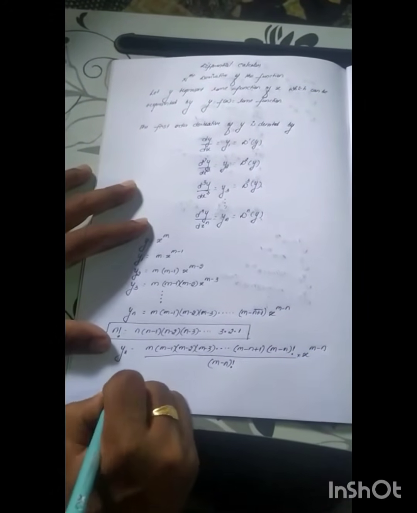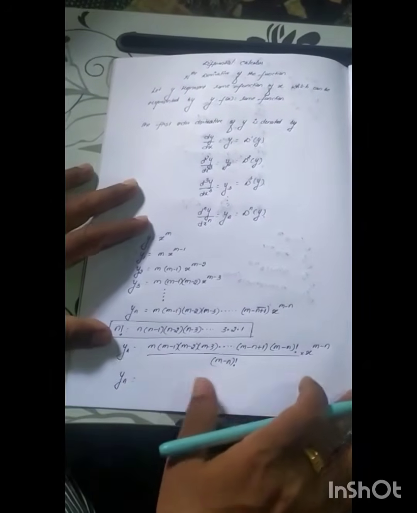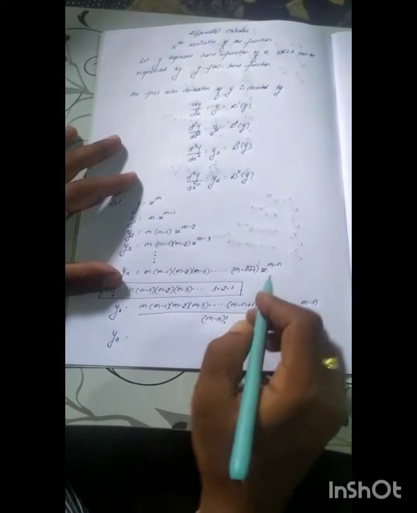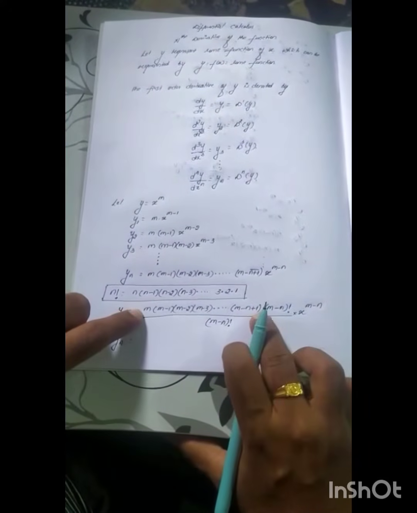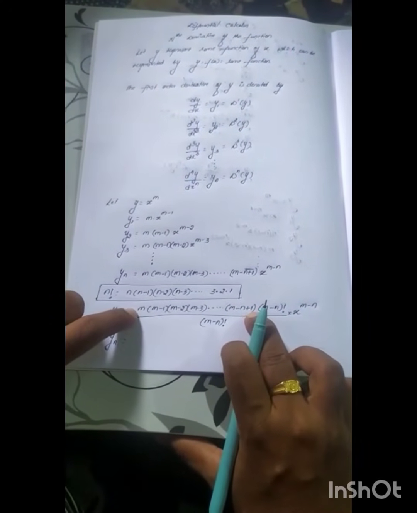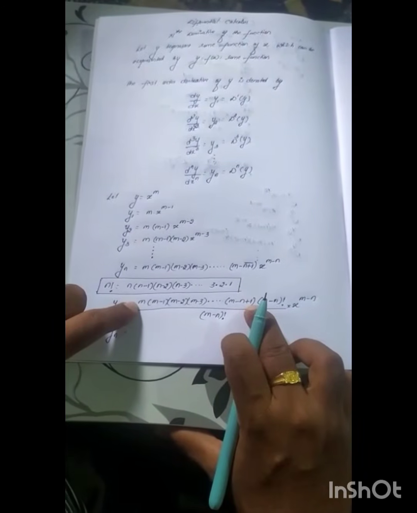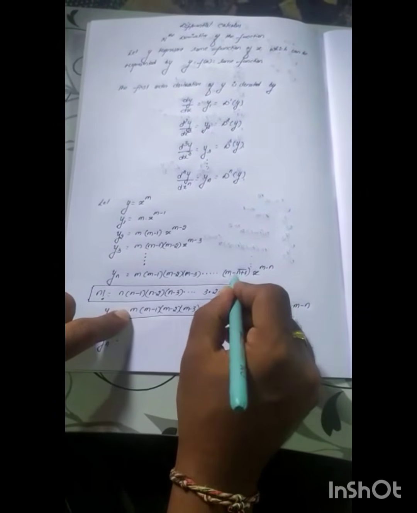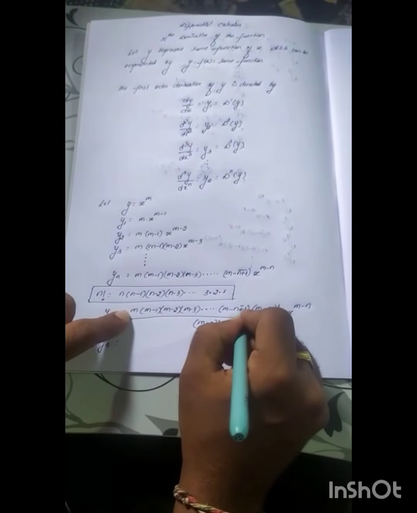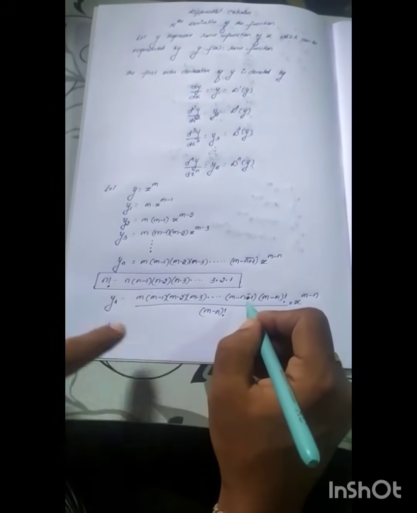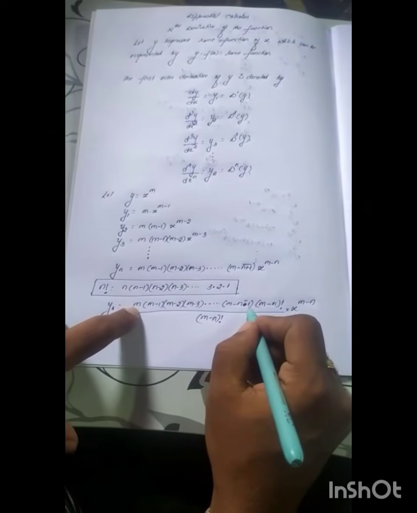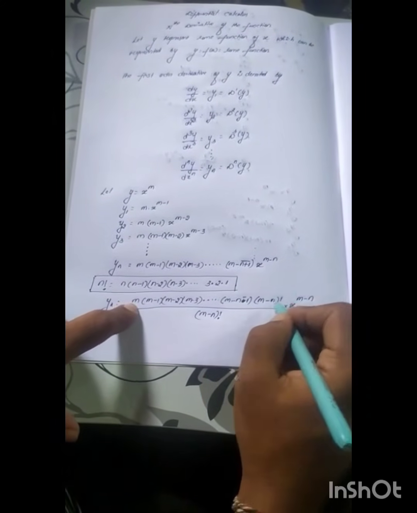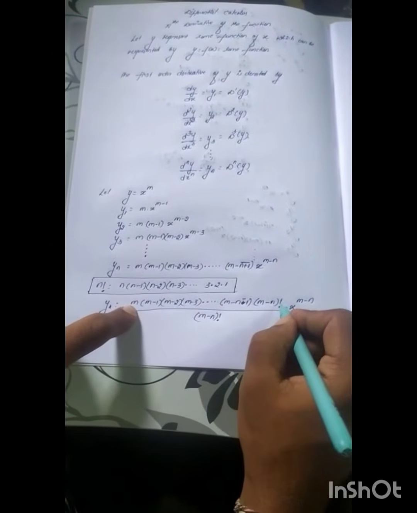So now what can we write? This exercise we are doing just to make this m into m minus 1, m minus 2, m minus 3. We have the terms only till m minus n plus 1, right? If we open the bracket, the next term will be m minus n minus 1, and so if we write m factorial, it continues through m minus n minus 1 down to m minus n factorial, right?